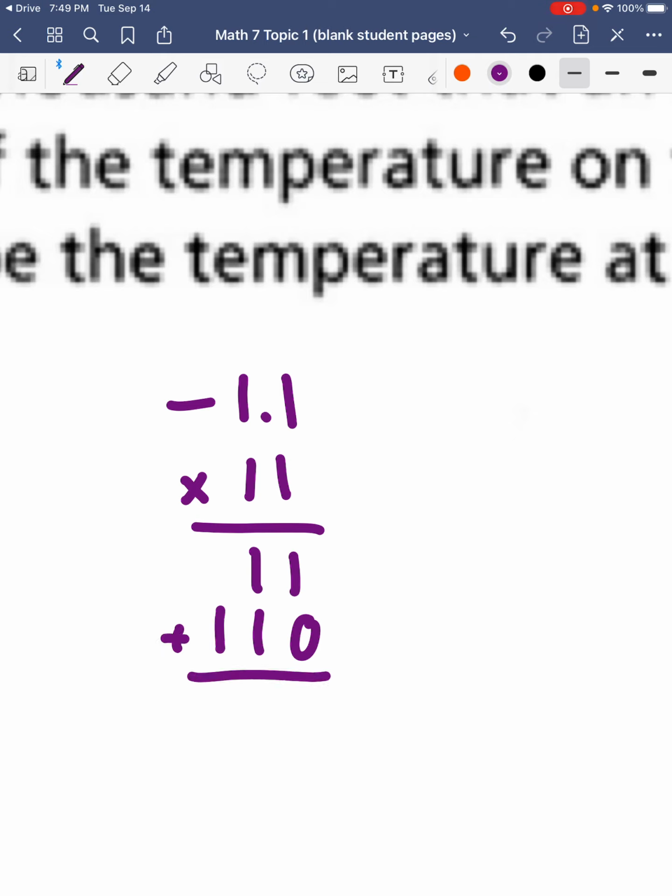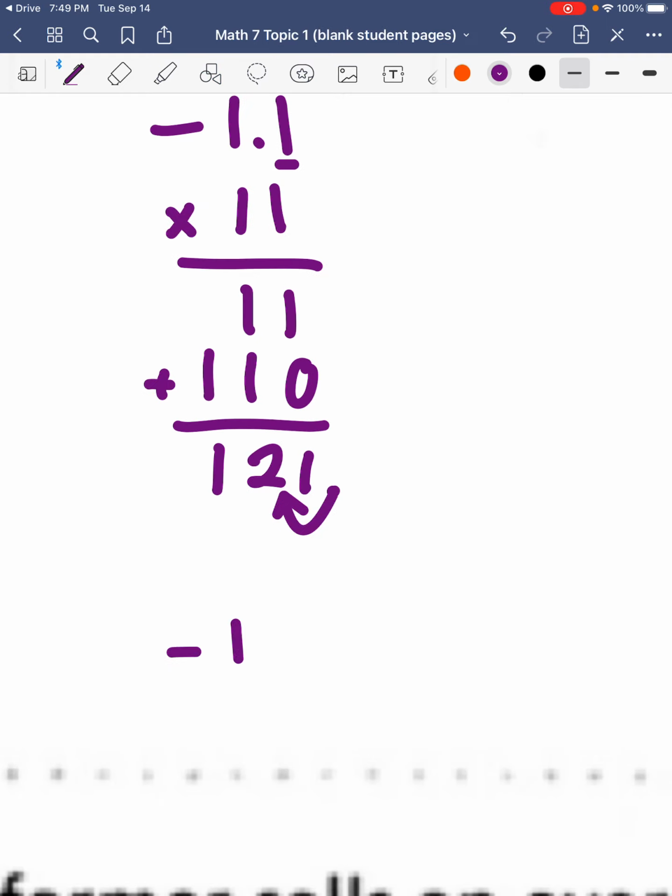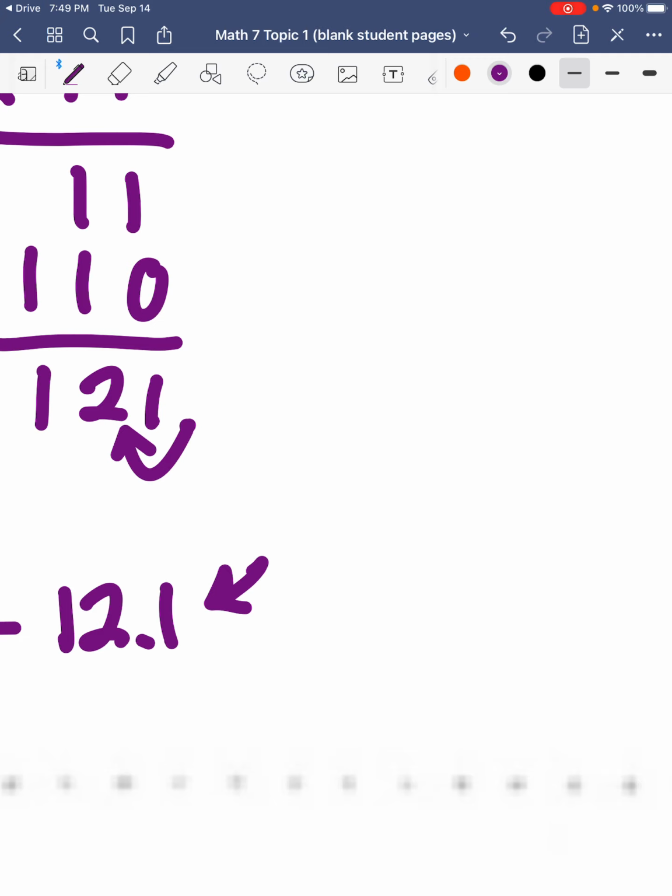Add these together, I get 1, 2, 1. And because there is one decimal place right there, I move this decimal point one place over, so it goes right behind that 2. So I know that my total change in temperature is going to be negative 12.1 degrees Fahrenheit. That right there is the change in the temperature.